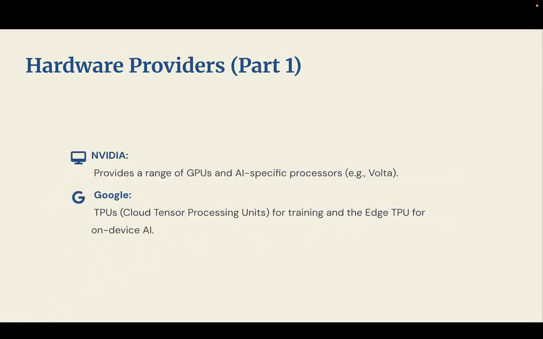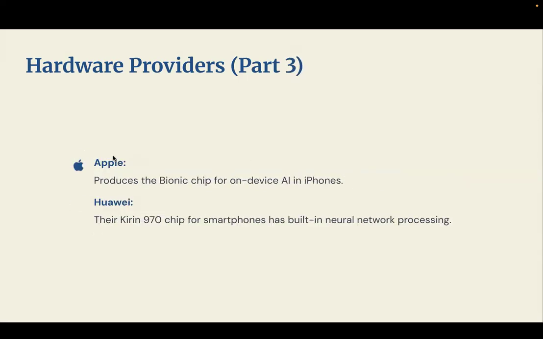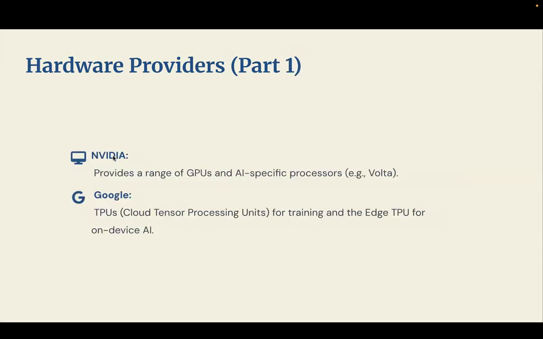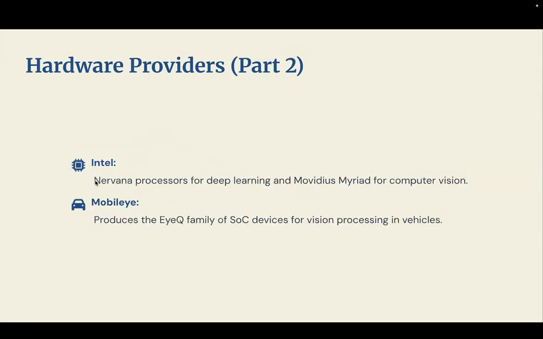So when you come to these slides, all you need to remember is what is the product and what is the company that is building it. For NVIDIA, the product is Volta and they provide GPUs. For Google, they provide TPUs and edge TPUs. For Intel, it is Nirvana for deep learning and Movidius Myriad for computer vision.